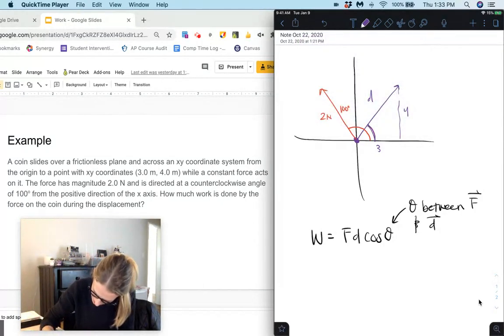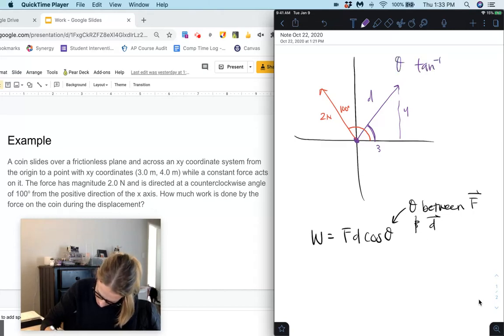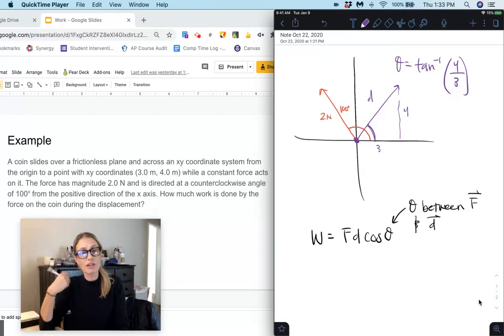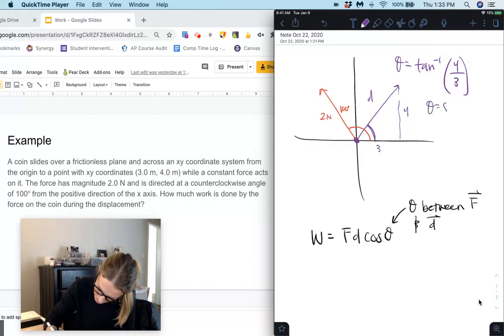This angle right here is going to be the inverse tangent of 4/3, because the tangent of the angle is 4/3. So if I plug this into my calculator, inverse tangent of 4 divided by 3 is equal to 53.13 degrees.